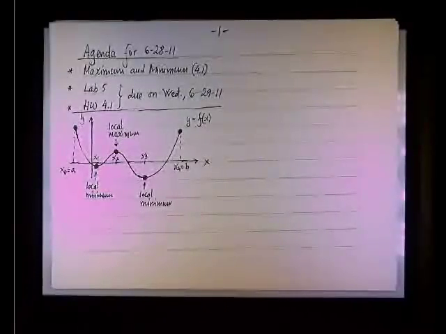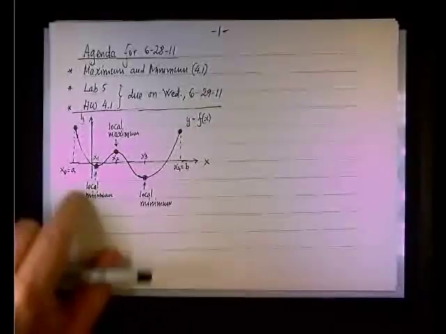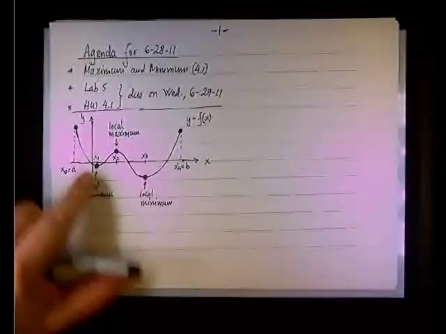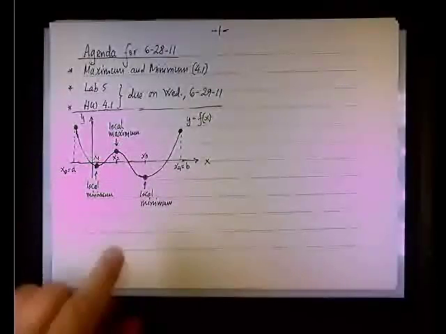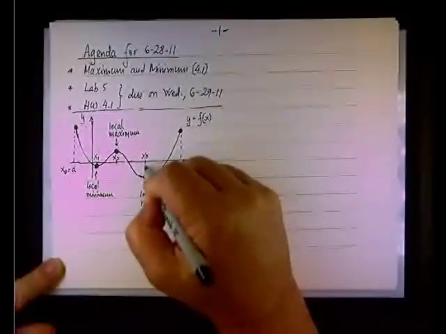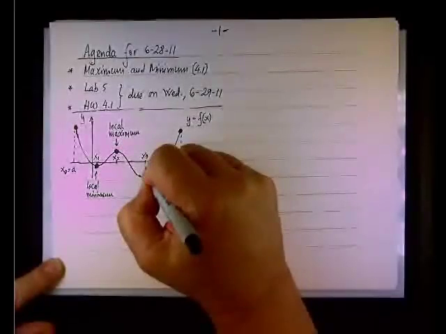The term local, you can also see as the term relative. X sub 1 is a relative minimum, relative to this area. Actually, relative is in comparison to global or absolute.